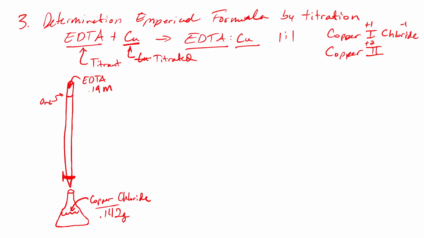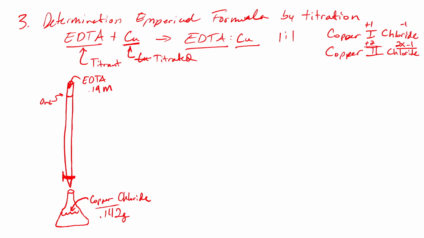But if you had copper 2, you would need 2 chlorides to make a neutral compound, right? So it's actually 2 times negative 1. That way you get negative 2 here, which balances out a positive 2 on the copper 2 side, right?